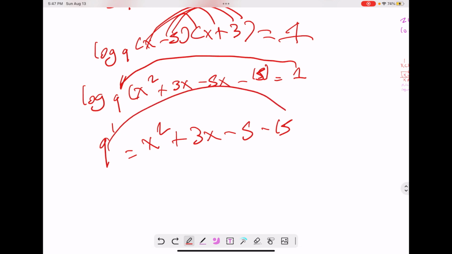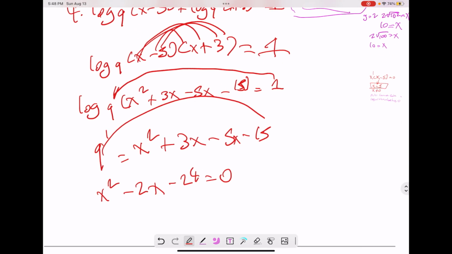We simplify these: it's going to be x squared minus 2x, and then minus 15 minus 9. Minus 15 plus minus 9 is equal to minus 24, and equals 0. And this is another factoring example.